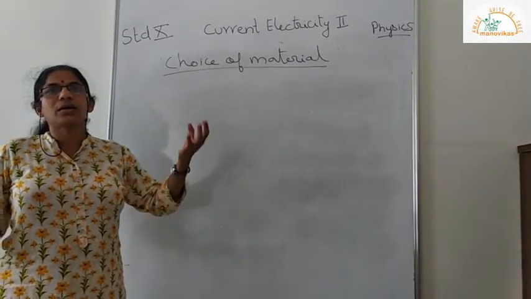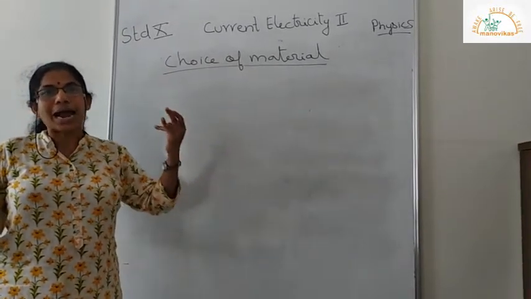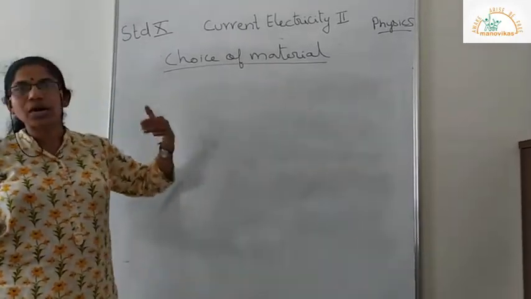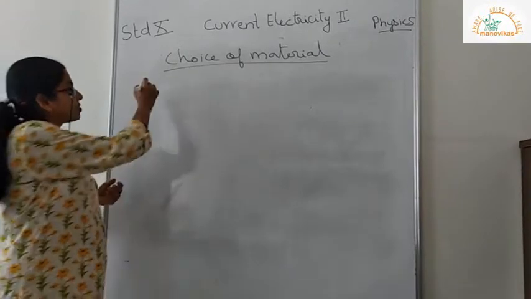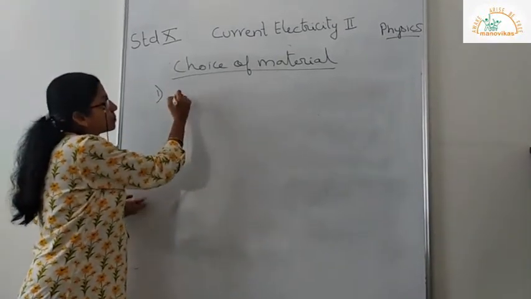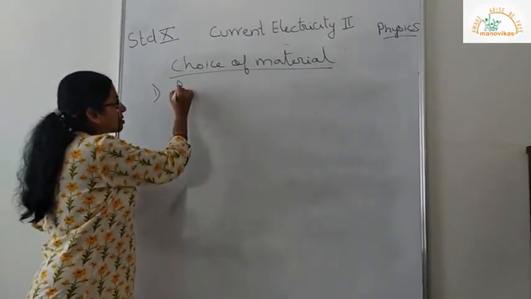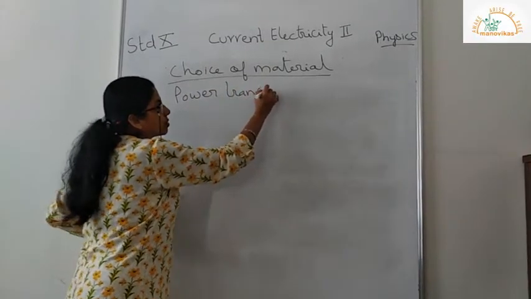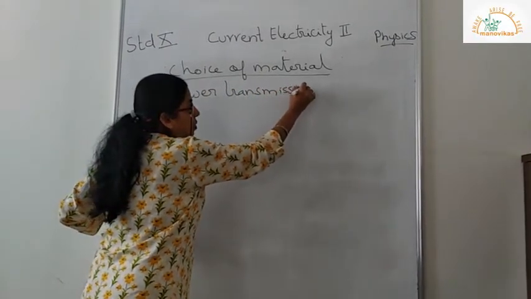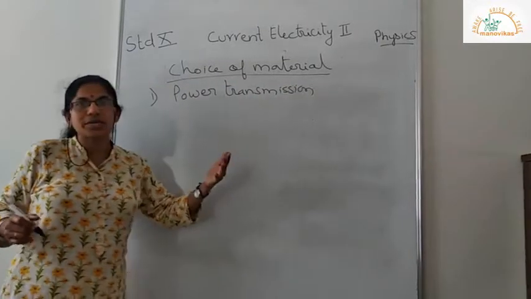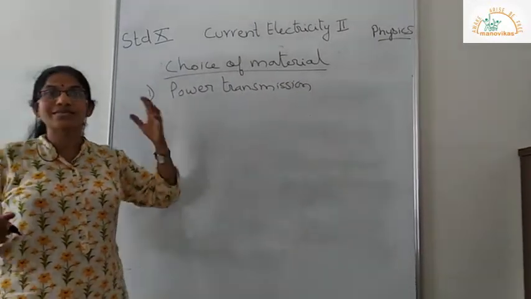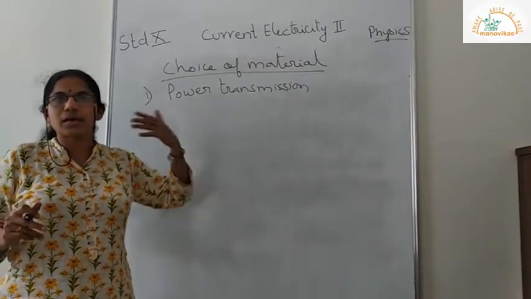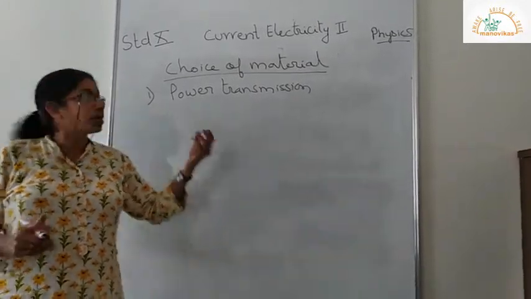So usually aluminium and copper are preferred because they have very low resistivity. The first one is power transmission, for which copper or aluminium is preferred. Of course, silver is the best conductor, but we cannot afford to use silver because it is highly expensive.